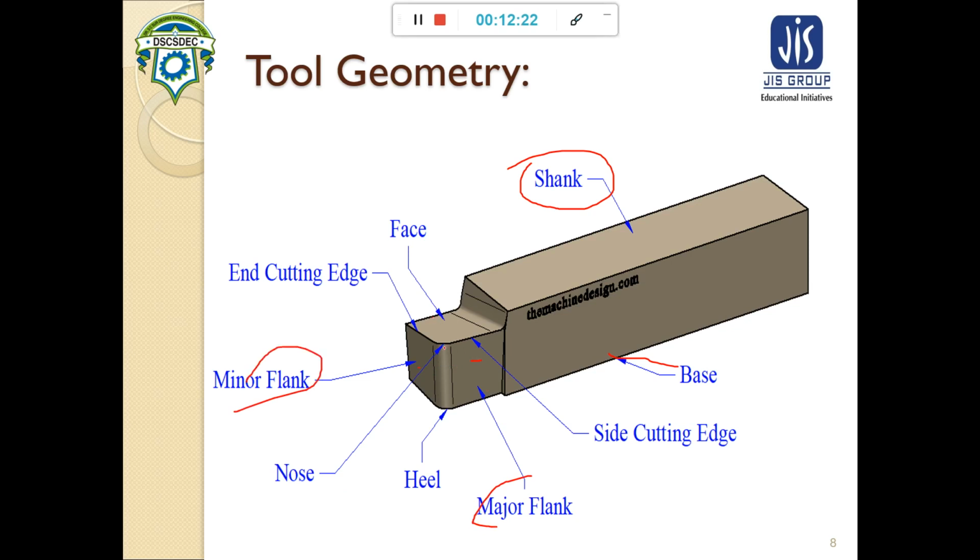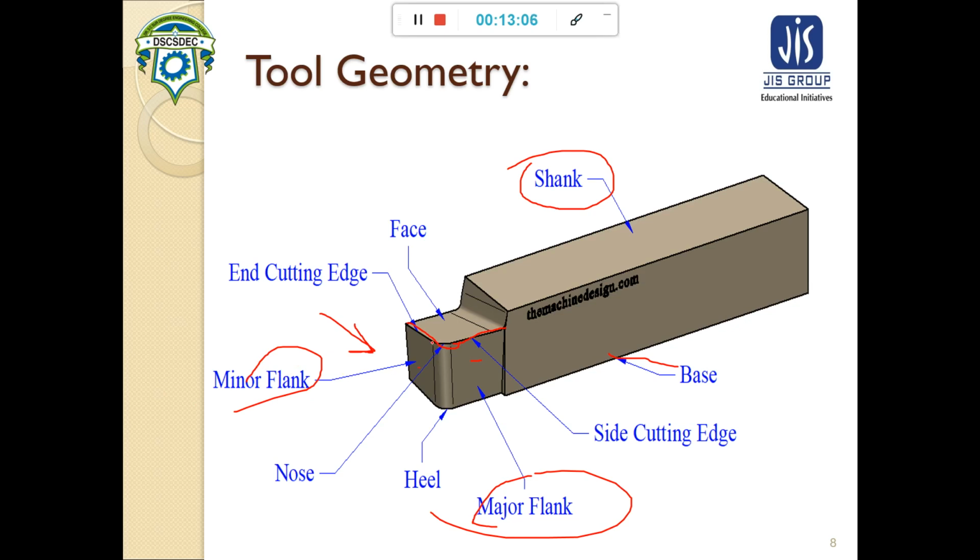Major flank depends on the feed direction. If this is the side cutting edge, then after the side cutting edge there is the major flank, and if this is the end cutting edge, just beside the end cutting edge, the flank will be the minor flank.